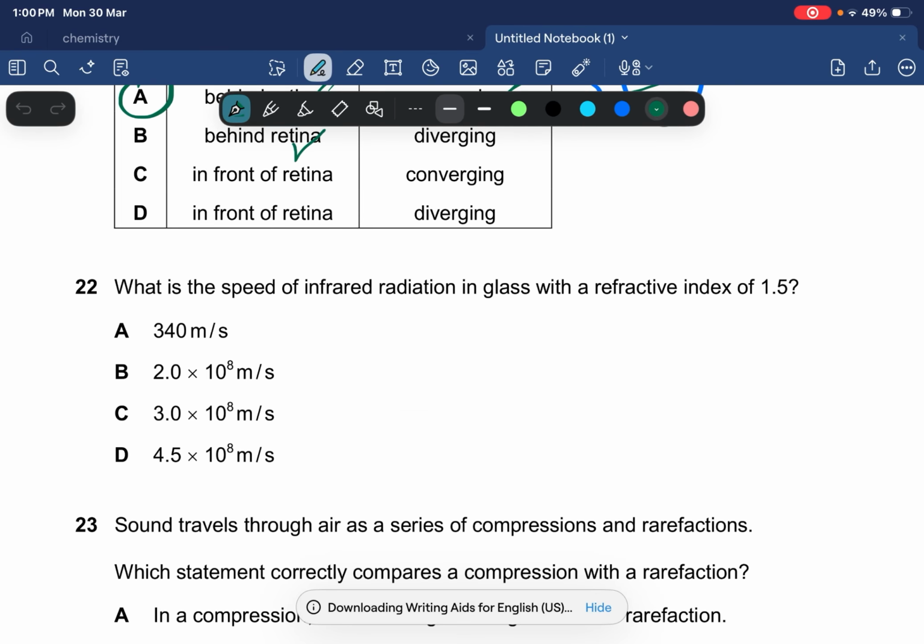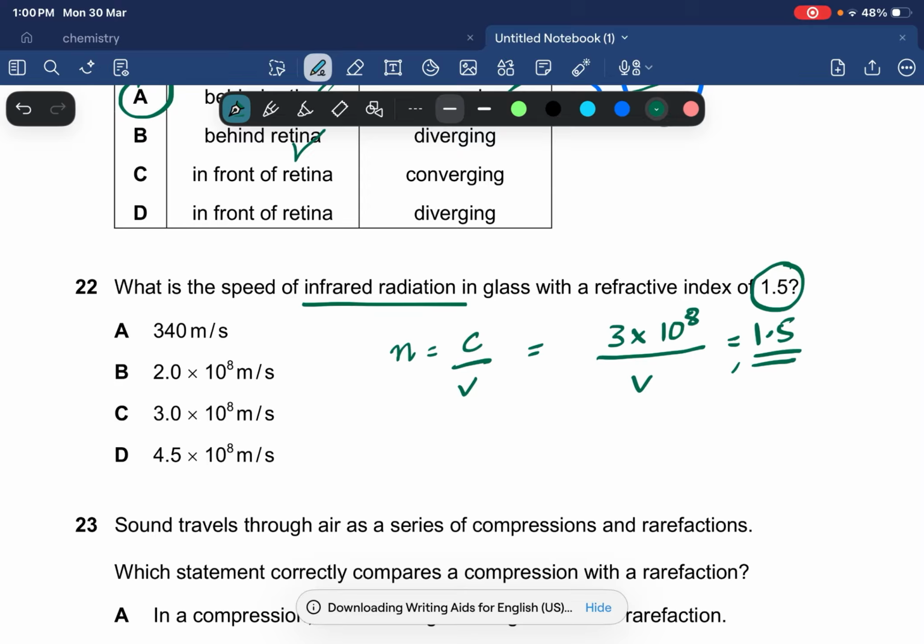What is the speed of infrared radiation in the glass of refractive index 1.5? So n equals c upon v. C is the velocity of light or the electromagnetic radiations in vacuum, which is 3 into 10 raised to power 8. v equals, with n as 1.5, the refractive index. 1.5 comes down here, v comes up here, so 3 into 10 raised to power 8 divided by 1.5 is going to give you the new velocity.